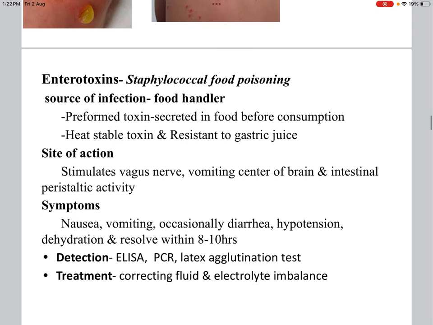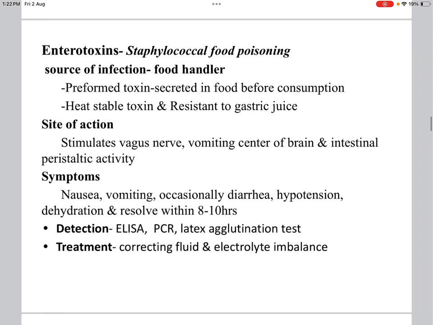And the next toxins include enterotoxins. Enterotoxin is responsible for causing food poisoning in human beings. The action of this toxin is that it stimulates vomiting in the brain and also increases peristaltic activity inside the intestine.